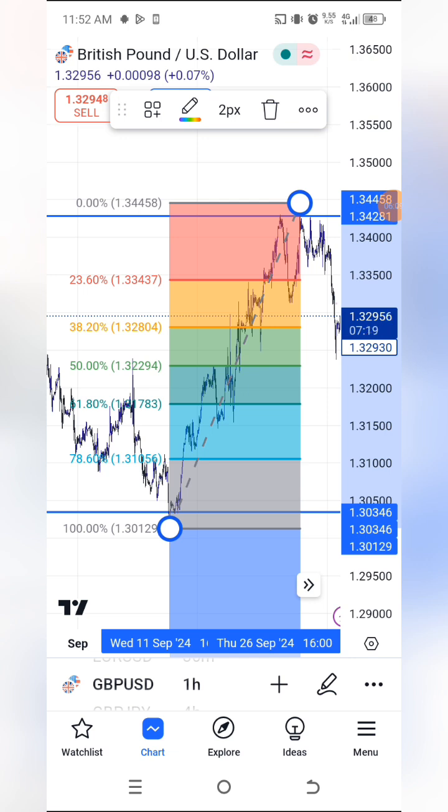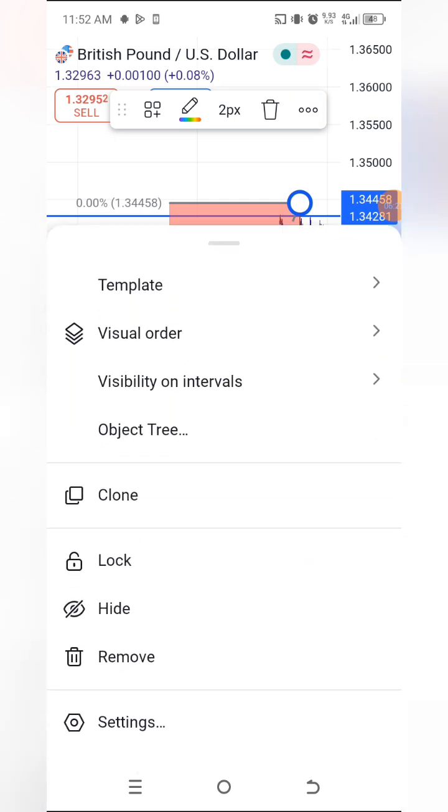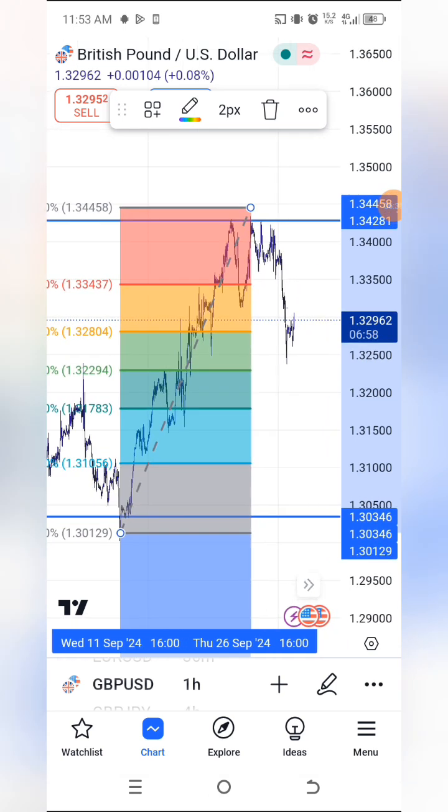So in this case, we had a retracement. Our first retracement was around 78.6, then it came again at 61.8, then it had those small retracements. So currently we are dealing with this huge retracement that came. I just want to lock it so that it doesn't move.